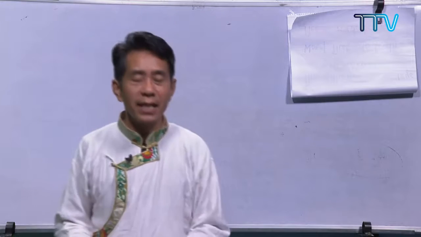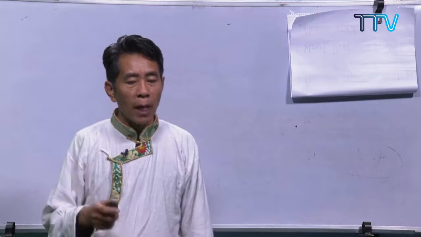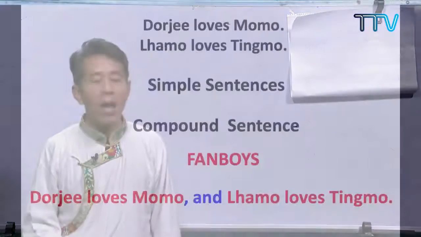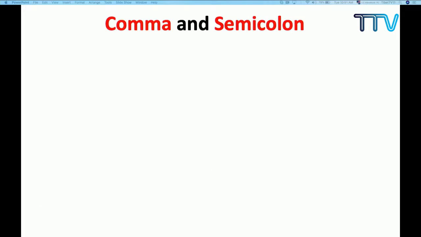By using these, we can combine sentences. For example, Doji loves Momo and Hamo loves Tingmo. This is an example of a compound sentence because we have two independent clauses. Do you see the difference between a simple sentence and a compound sentence?